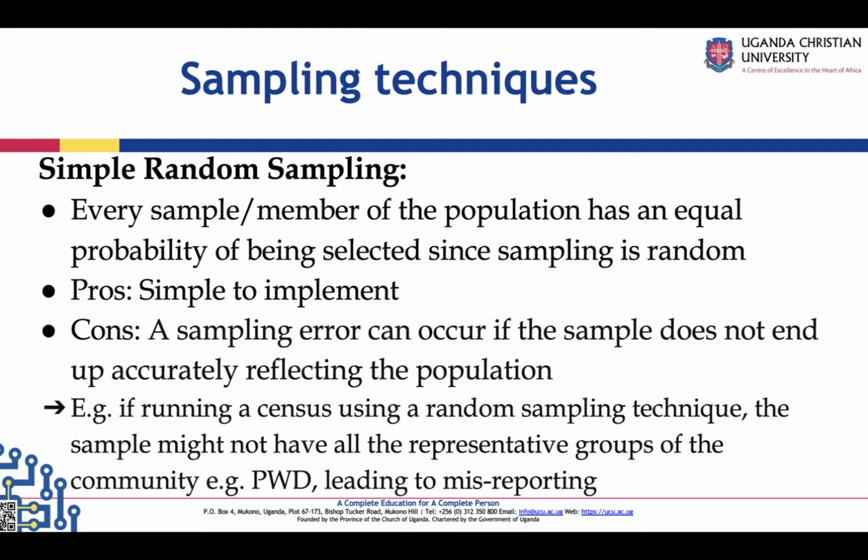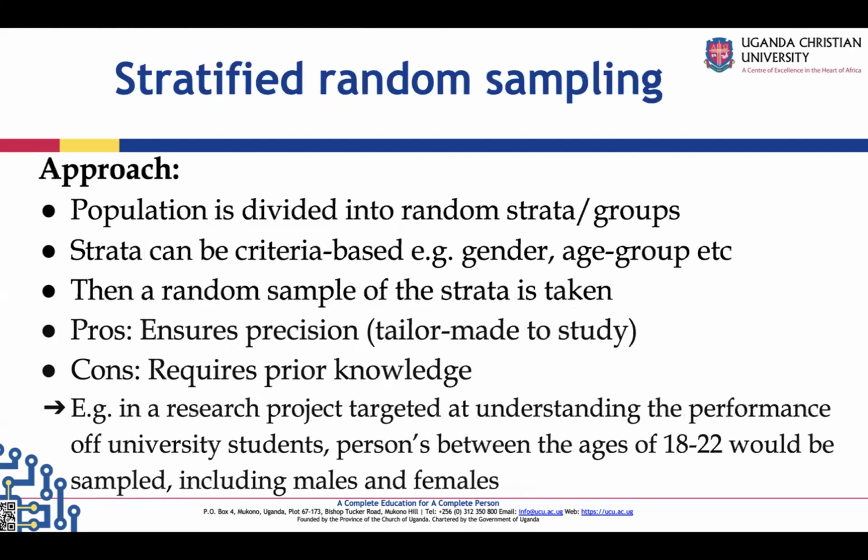For instance, if you are running a census using this technique and you are specifically targeting a particular group, for instance, people living with disabilities, you may have some misreporting, or within your random sampling, you have respondents who are not living with disabilities. So that can skew and create bias within your data and your analysis.